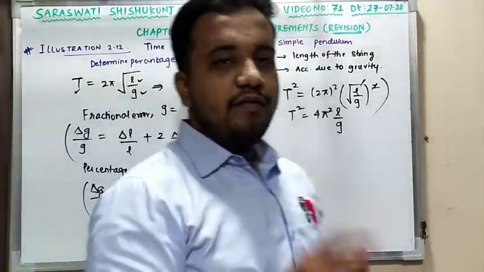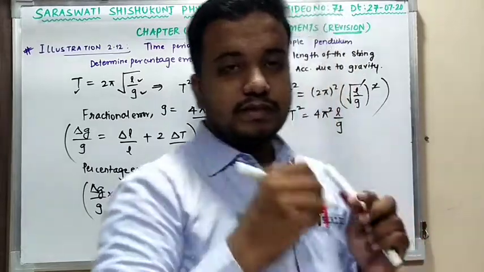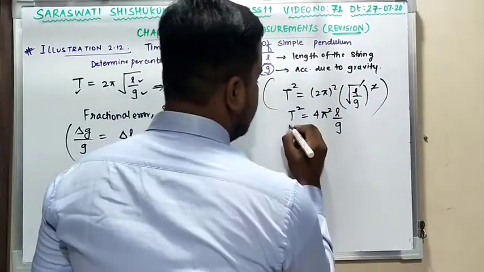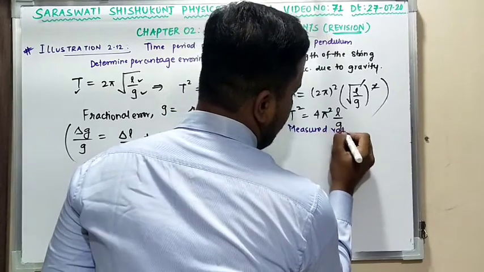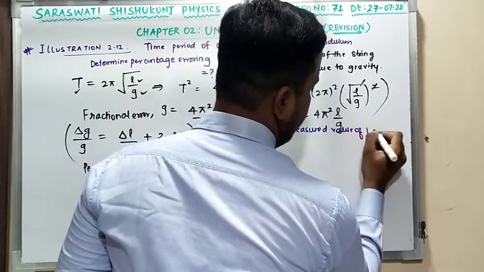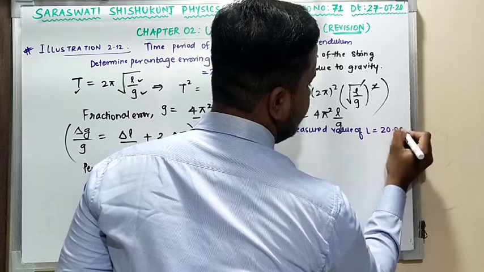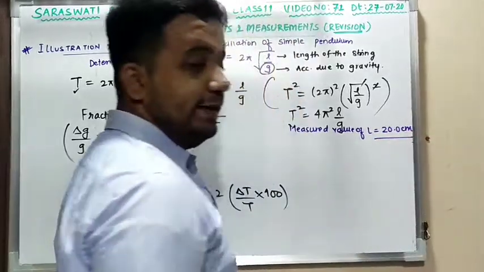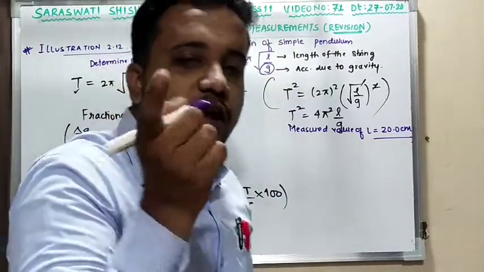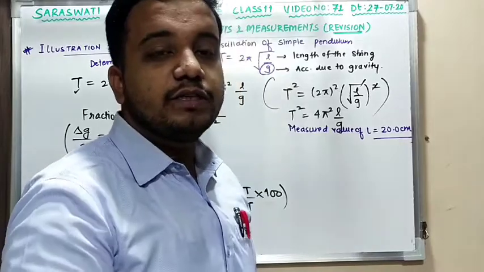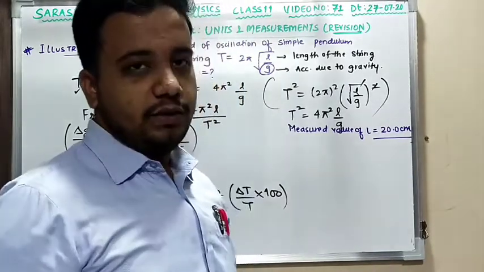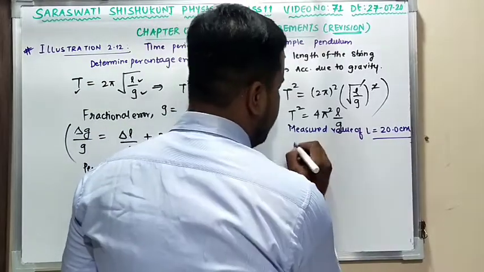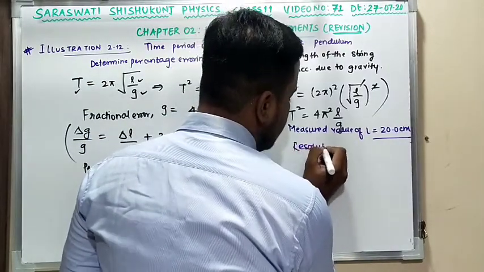Fine. Now they have given the data, please listen carefully. They have given the measured value of L as 20 centimeter. Also, they have told that the resolution of the instrument used to measure the length is found to be 1 mm accurate.